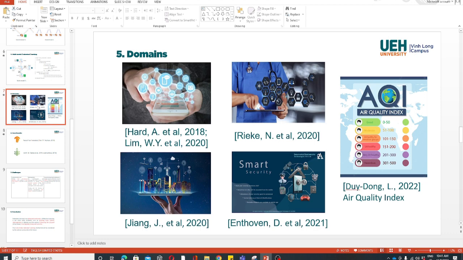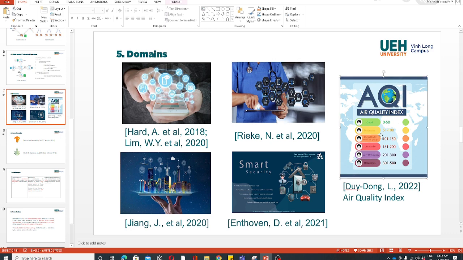This is just a survey. I surveyed other review papers. And for the application, I think the most widely used area of federated learning now is healthcare, because the data of patients in hospitals is private and hard to get access to. So most hospitals use federated learning to prevent the data from moving out of the hospital.